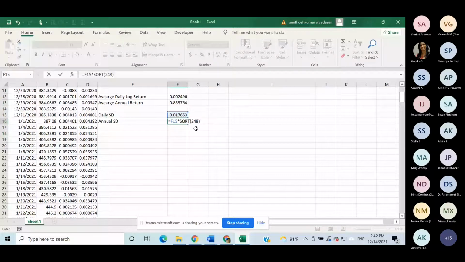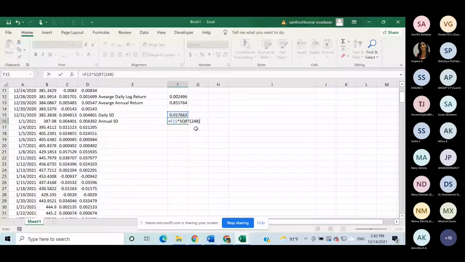of 52. If this was monthly data, you will get monthly standard deviation, so monthly standard deviation into square root of 12. If it was weekly data, you will get weekly standard deviation; to annualize it, weekly standard deviation into square root of 52.